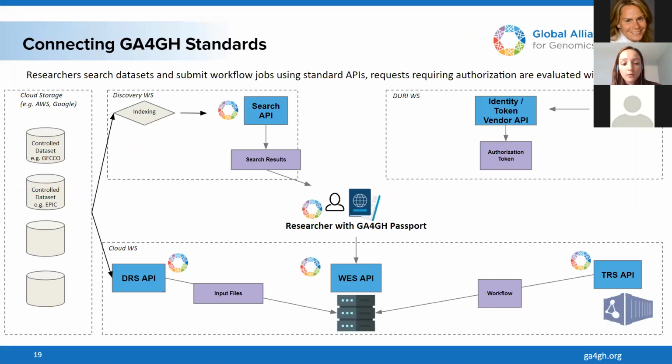One of the very exciting efforts we've been working on is looking at how our standards can work in conjunction with each other, and how the implementation of these standards will allow researchers to perform analyses on federated networks of controlled data seamlessly. This isn't specific to cancer, but is certainly applicable to cancer researchers.